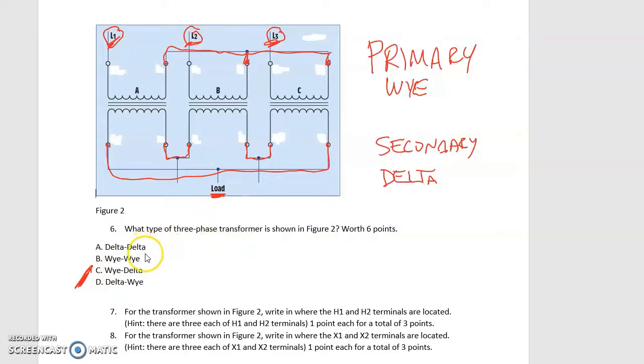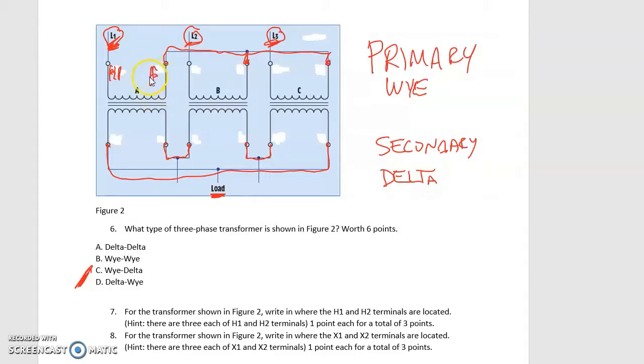Number 7 has us writing in the H1 and H2 terminals. Every coil gets an H1 and an H2. The H1s are where our line input voltages are tied.